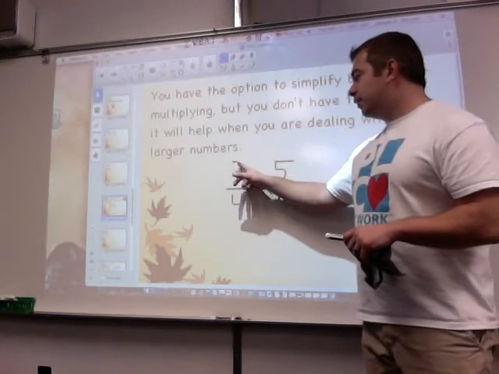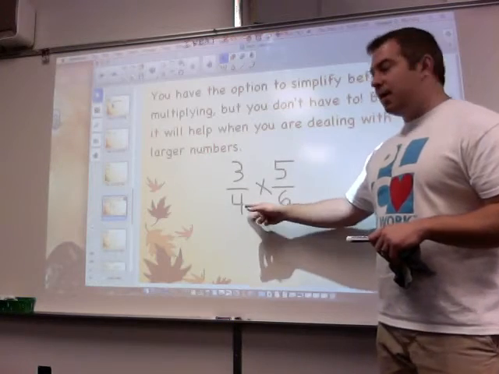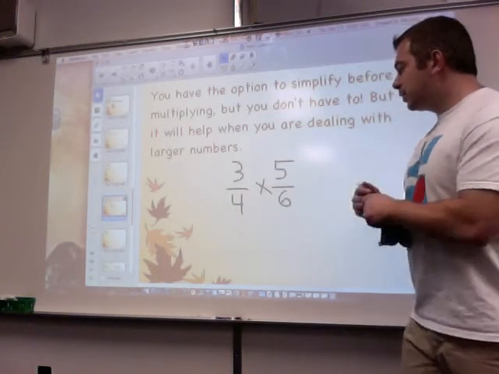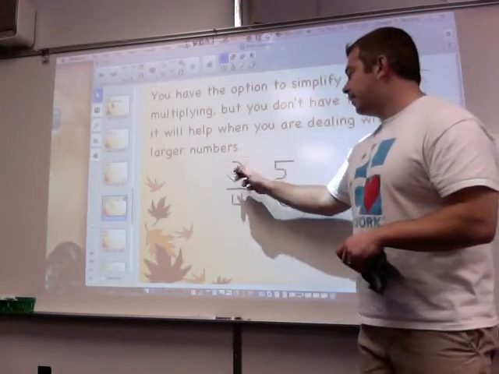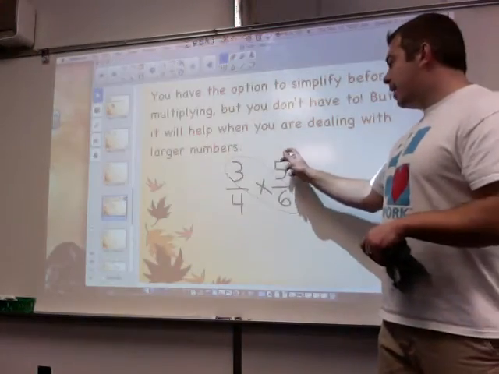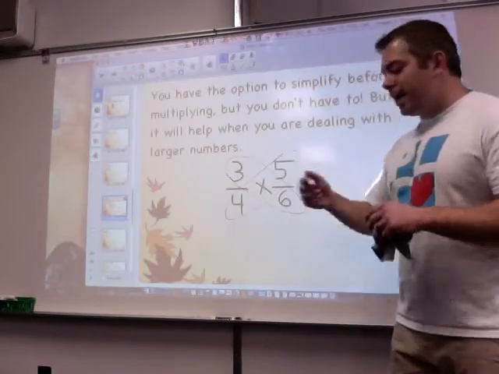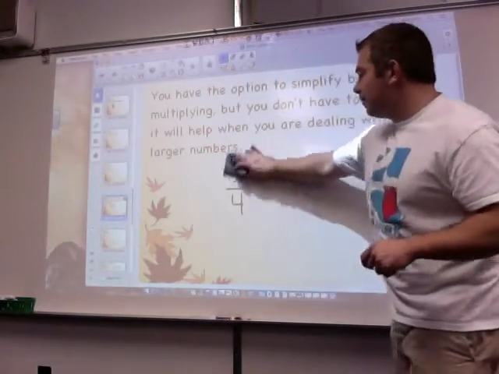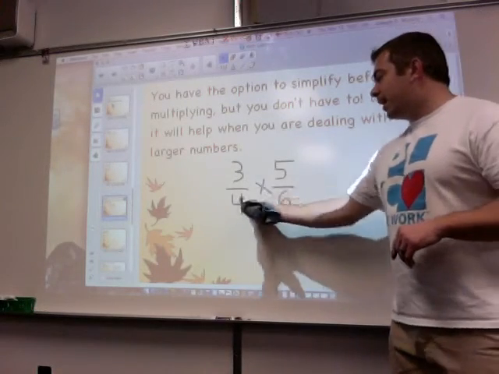So I could reduce this numerator with this denominator, and I could also reduce across that numerator with that denominator. Now, 5 and 4 don't have any common factors besides 1, so I'm not going to reduce those.